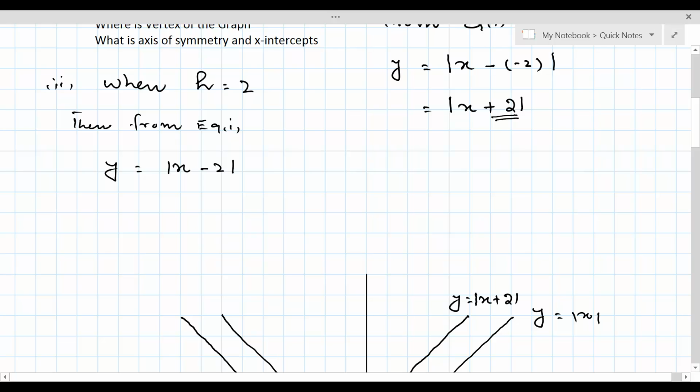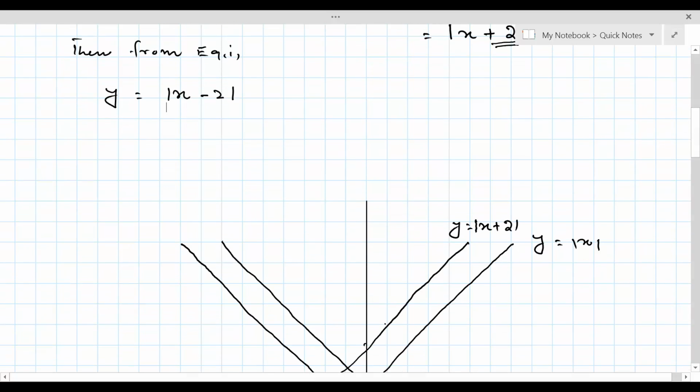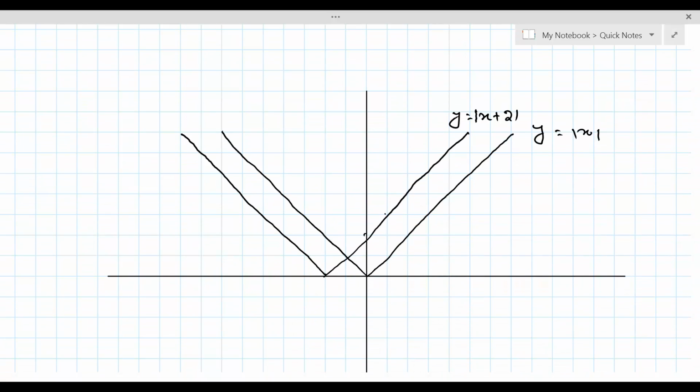We know that the negative sign indicates that the graph will move to the right by 2 units. Here this 2 indicates how much movement we have to make. So now the vertex will move 2 units from the origin toward the right, and the new shape of the graph will be this.